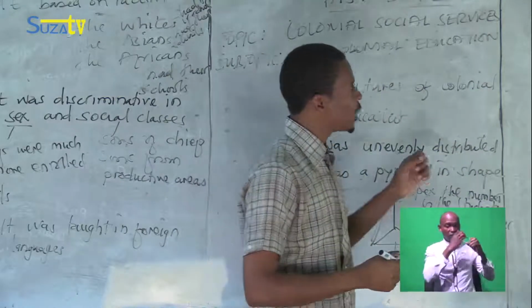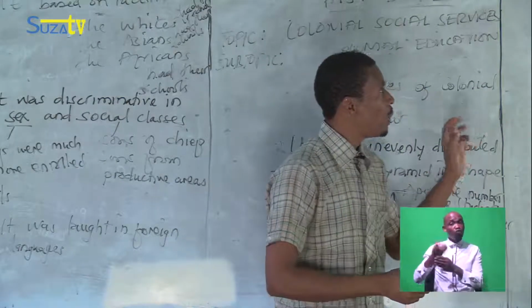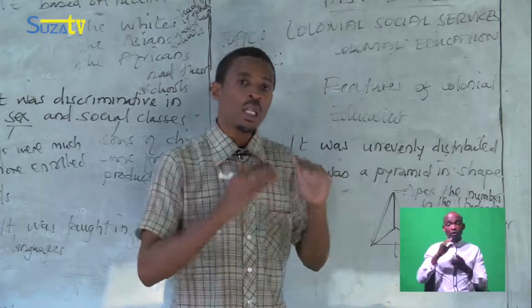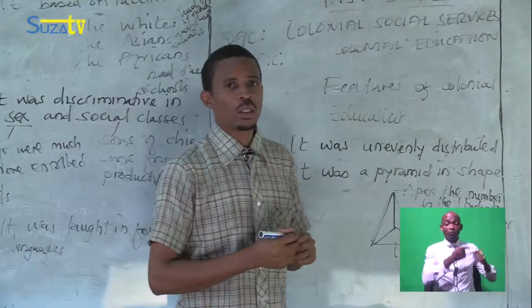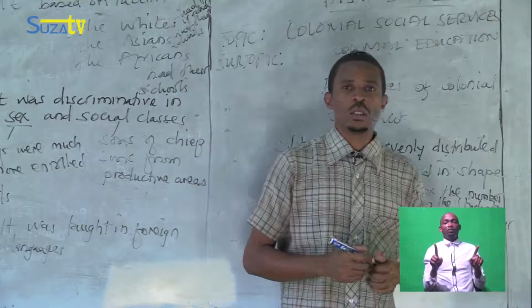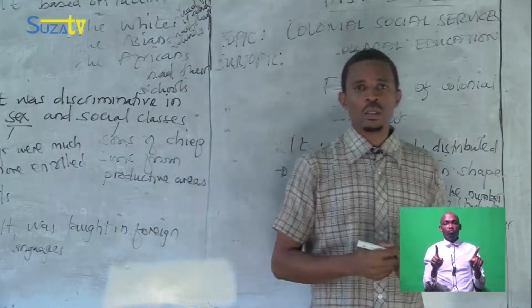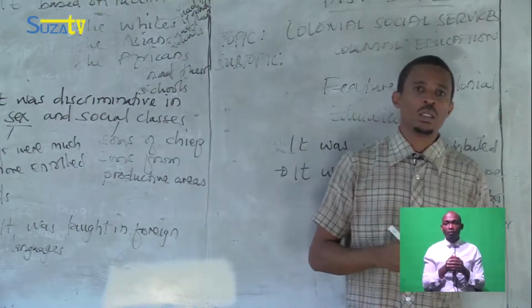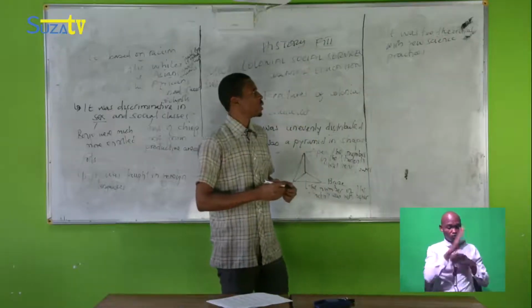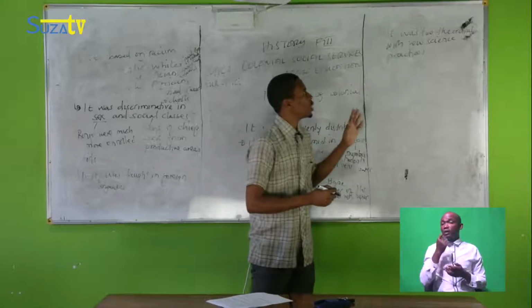They thought teaching Africans more science practices would develop the Africans, something different from their needs and intentions. That's why we say it was too theoretical.